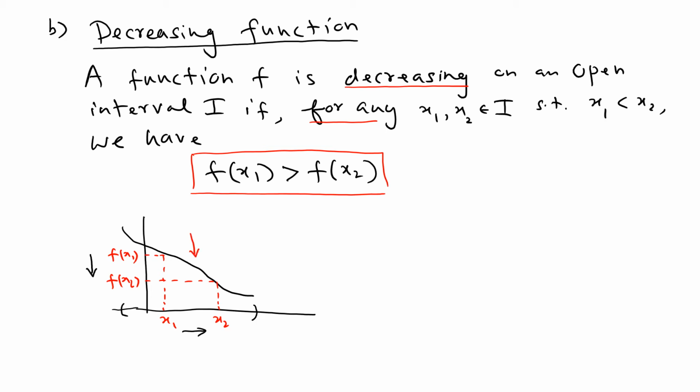It's a decreasing function in this interval. It's a very simple idea. If you look at the two values, f(x1) and f(x2), it's a good idea to write them in this order, then you can see the second value is smaller.